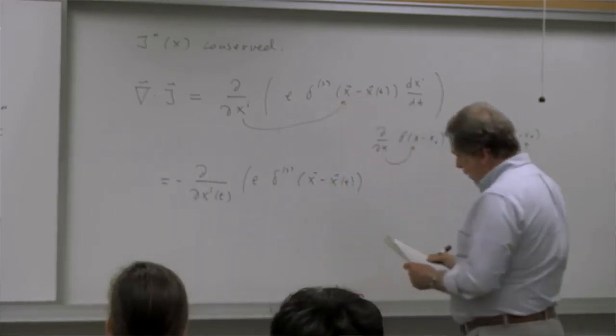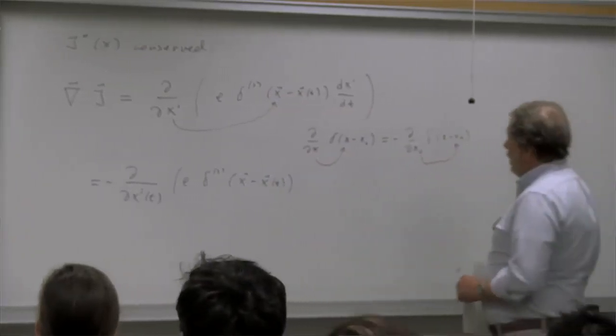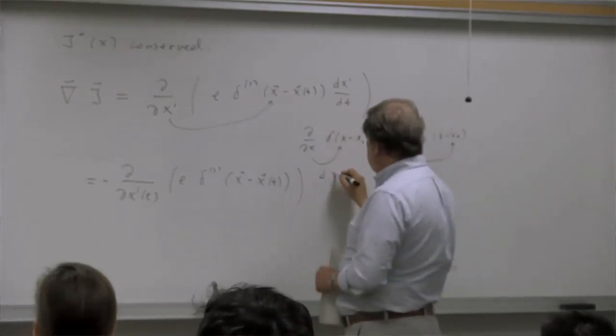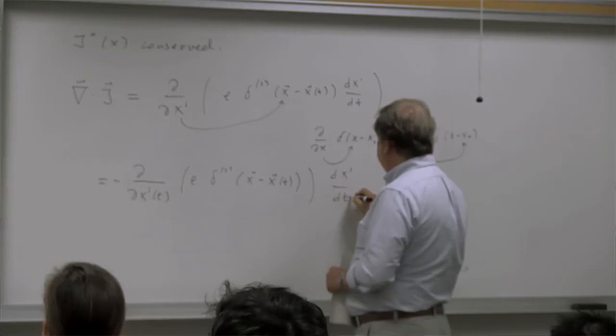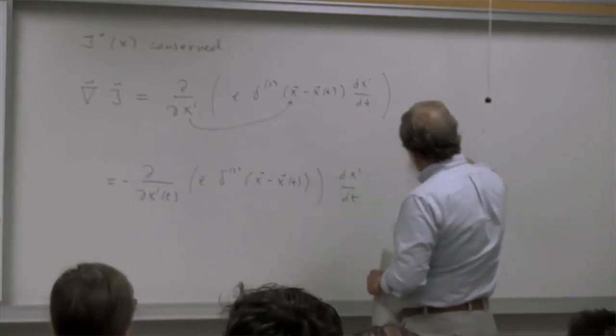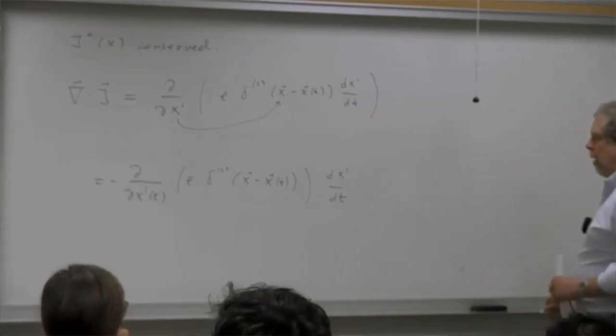This part is unchanged, and then times still this derivative which we have up here, which is dxi by dt.